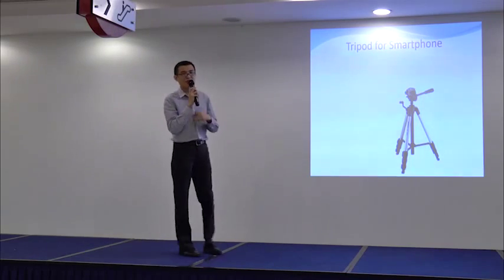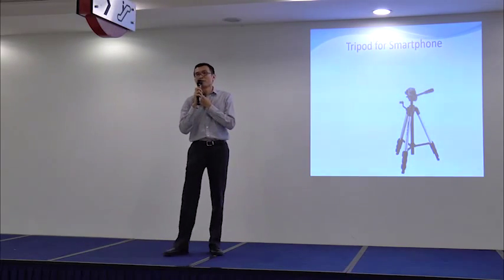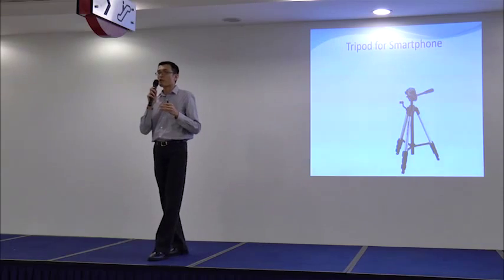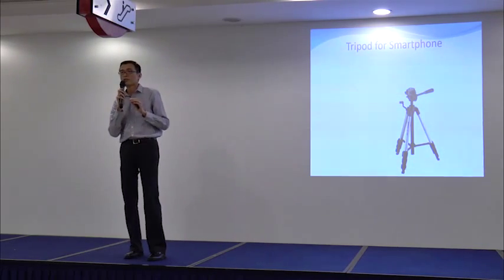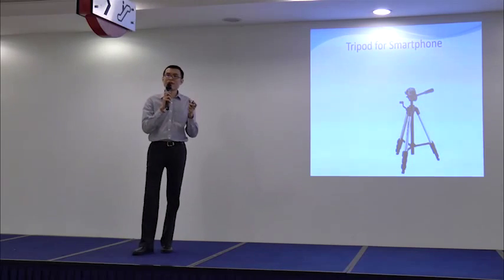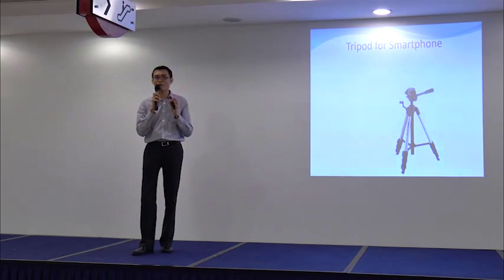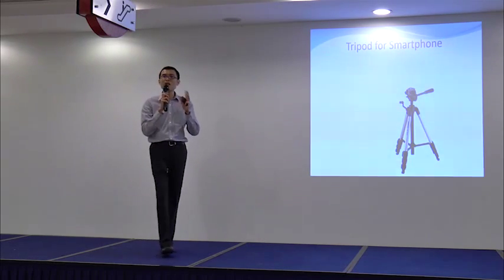Now, the other use for a tripod is when you want to take low light shots. Many of you have seen that many of our photos using a smartphone turn out bad because of what we call camera shake. It's blur, right?